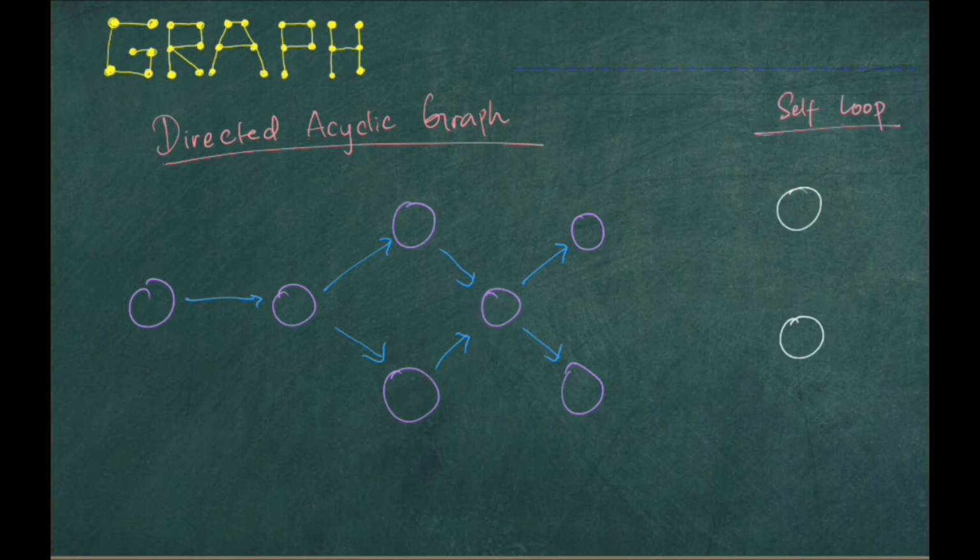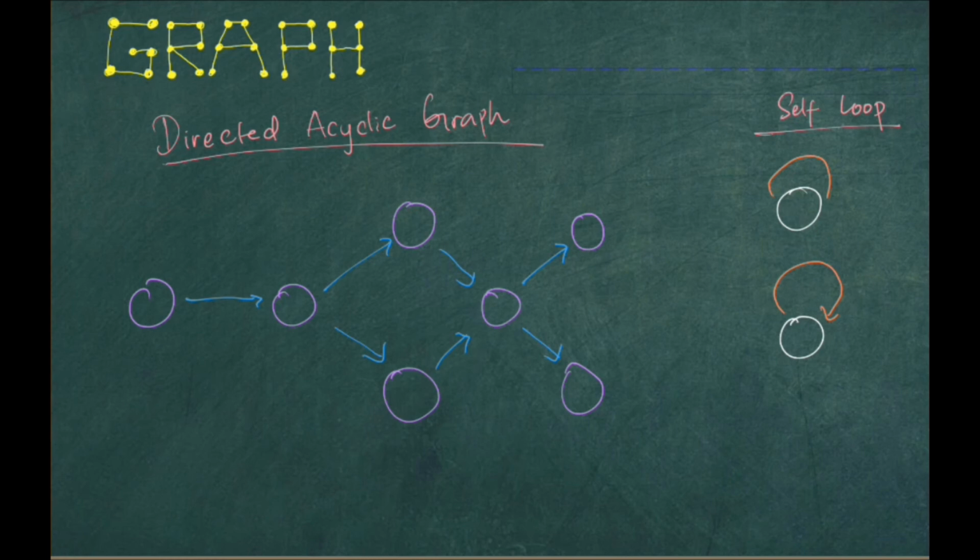Now, an edge is called a self-loop if it involves only one vertex. If both endpoints of an edge are the same, then it's called a self-loop. We can have a self-loop in both directed and undirected graphs.